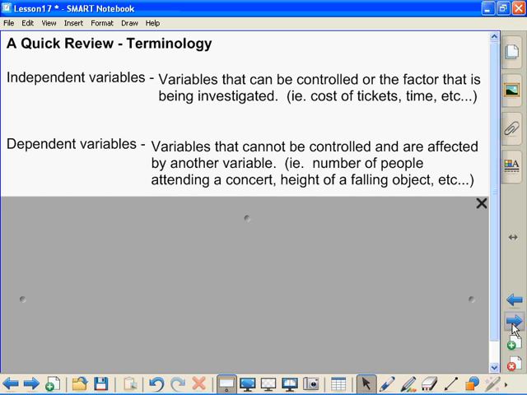The number of people that attend a concert depends on cost of tickets, how many seats are available, location, a whole bunch of factors. The height of a falling object depends on how much time has passed, where it started from, and so on. Those are the two main ones, and we've talked about them already with the project, so we're revisiting them here.